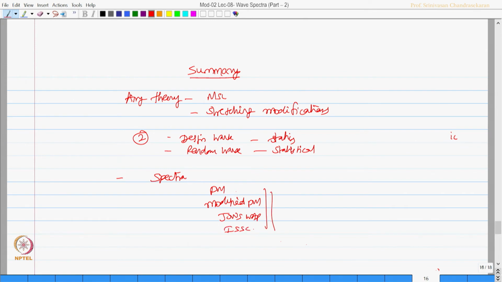We have compared them, and we said that the modified Pierson-Moskowitz spectrum gives a broader area, while Jonswap is a narrow band focused spectrum which can be used for application to offshore structures in specific terms.